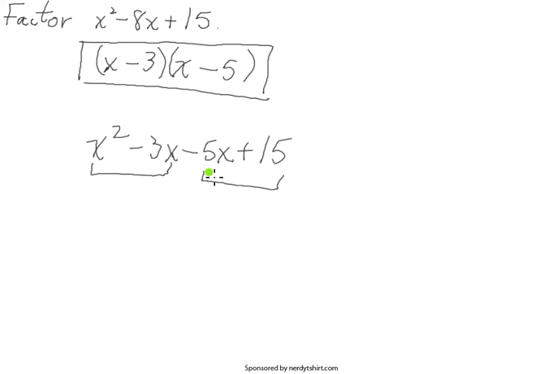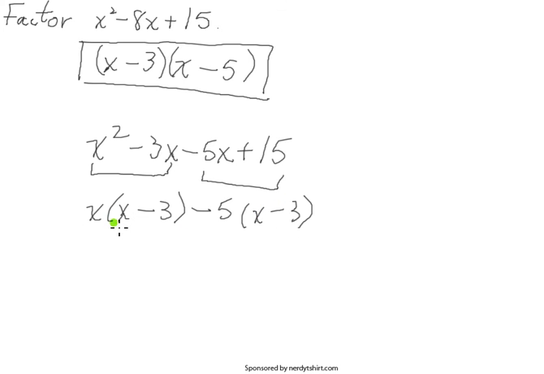So you group your first half separately from your last half and take out the greatest common factors. From the first group, you can take out an x, which leaves behind an x minus 3. From the second group, the leading coefficient is negative, so a minus comes out, and the greatest common factor of the remaining 5x and 15 is a 5, which leaves behind a leftover x minus 3.